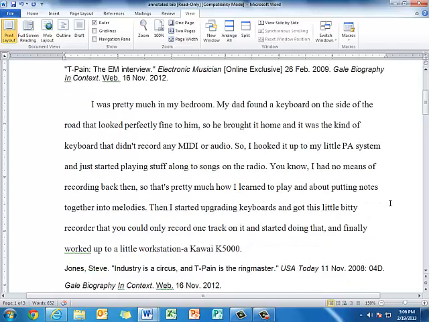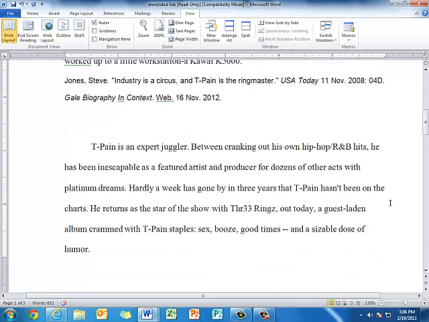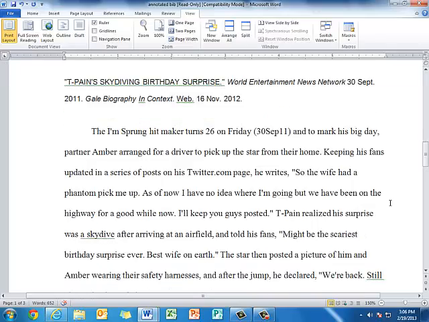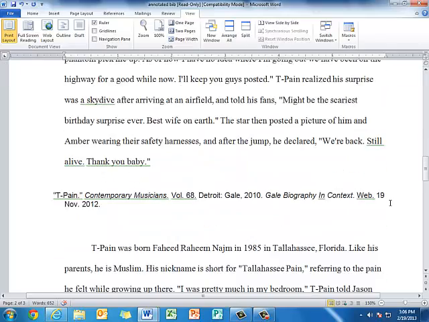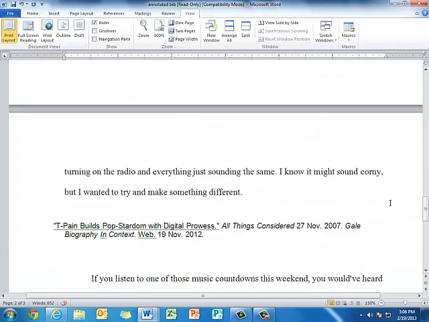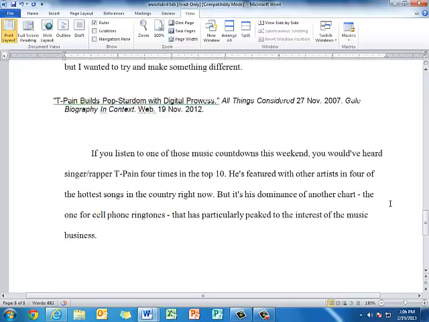You can talk about it with the person next to you or as a class. But what are some things that you notice about this annotated bibliography that are wrong, just by looking at the formatting?